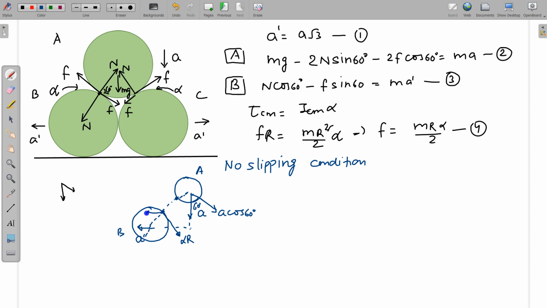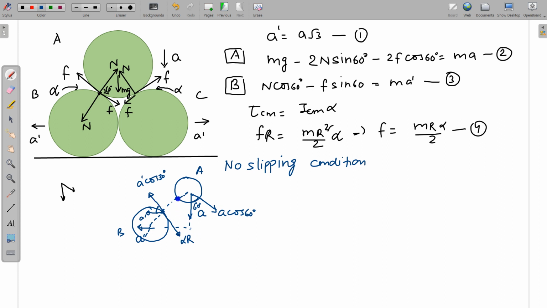This is the direction of A dash, and we have to take its component along this direction. This angle will be 30 degrees. So this is A dash cos 30 degrees.